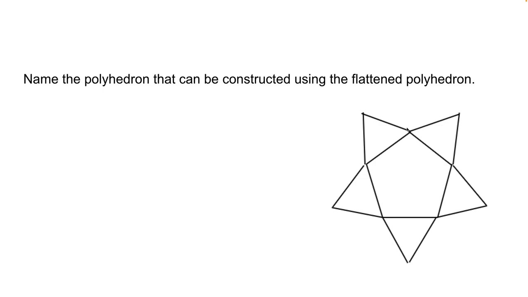So it will be a pentagonal pyramid, especially a right pentagonal pyramid because we see that it's equilateral, right? So it's a regular pentagon and all of these triangles are congruent and they are equilateral triangles. So we can say it will be a right pentagonal pyramid.